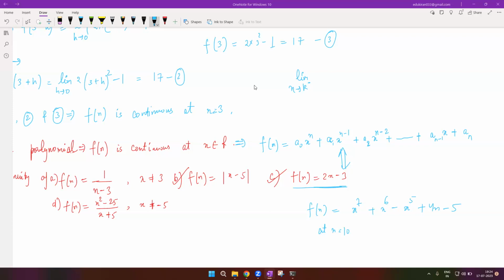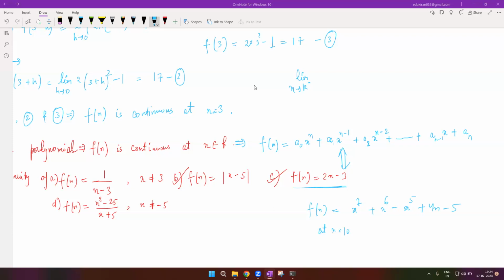Either any of the three answers is coming out plus infinity, or minus infinity, or an indeterminate form. If there is nothing like that, then discontinuity will never come.